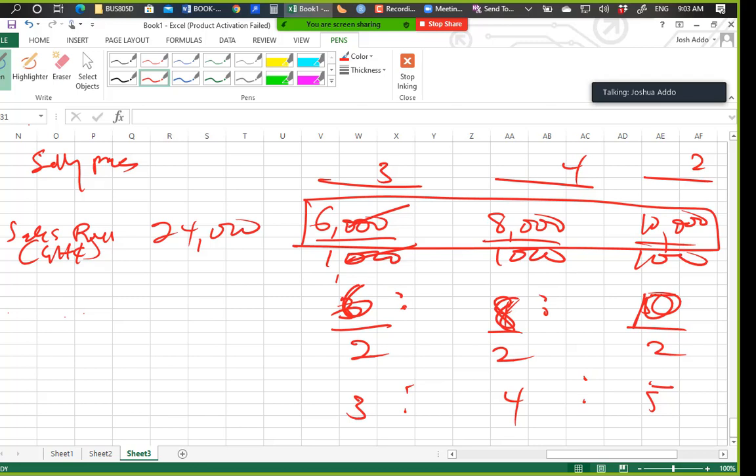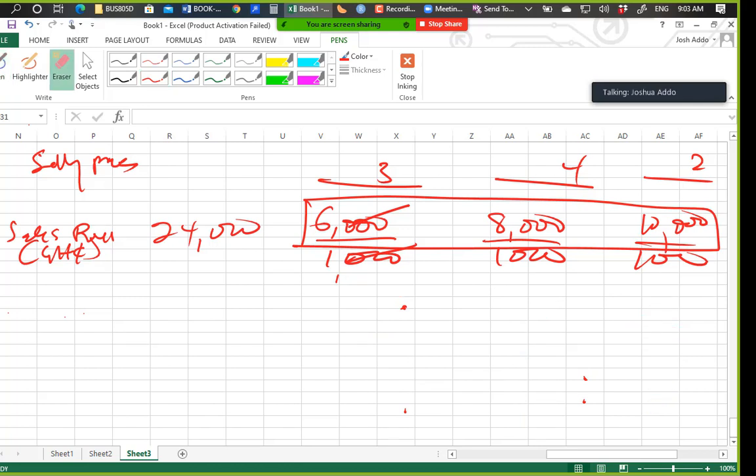But if I divide here by 500, here by 500, and here by 500, whatever figures I get are the same as the previous figures, mathematics wise. So that's why I chose 2000. 2000 will reduce the numbers to smaller numbers without any fraction.